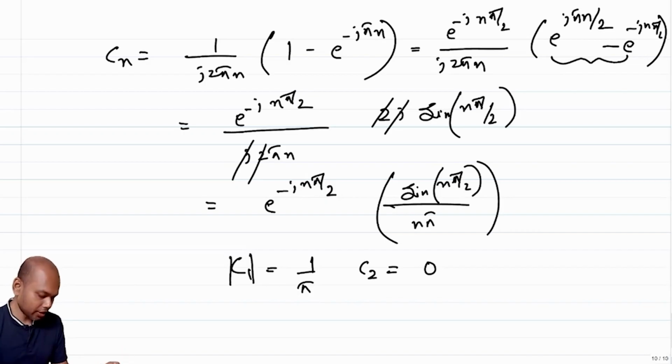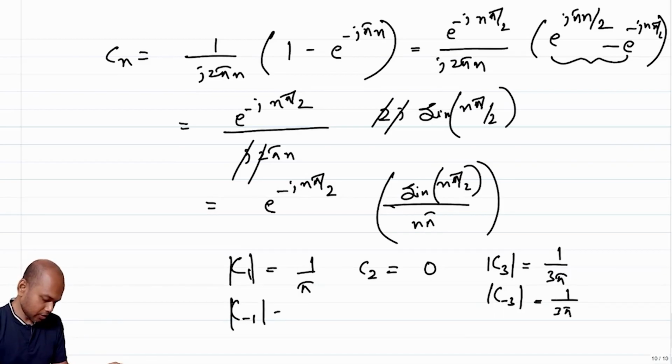So let's concentrate on the mod. Then C2 is equal to 0. Similarly, mod of C3 is 1 by 3 pi, and mod of C minus 3 is also 1 over 3 pi. C minus 1 is equal to 1 over pi.